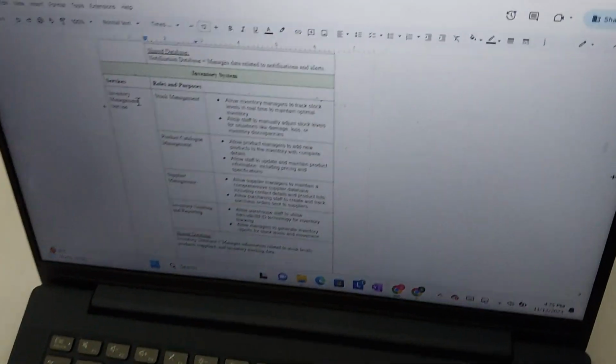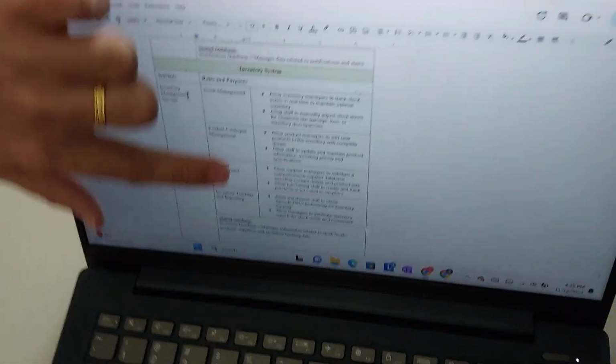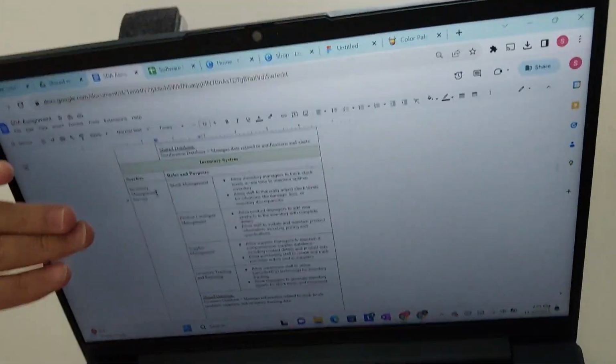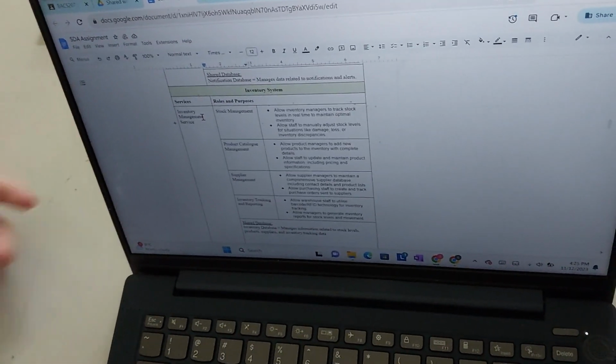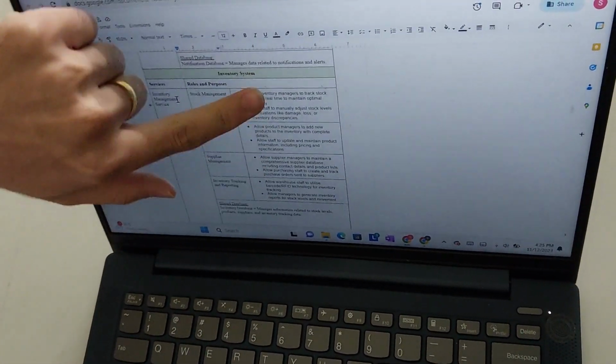Inside the use case, do we have to include the functions this service has? You need to include the functions.